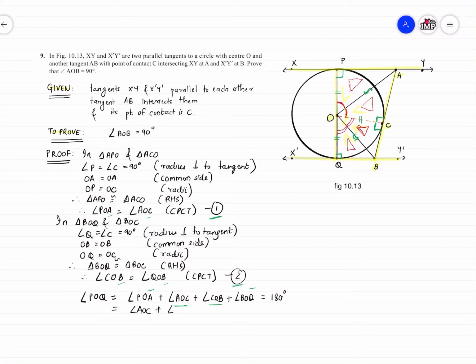AOC plus AOC, COB plus COB equal to 180. So twice of angle AOC plus twice of angle COB is equal to 180. 2 is common, so I take it out.